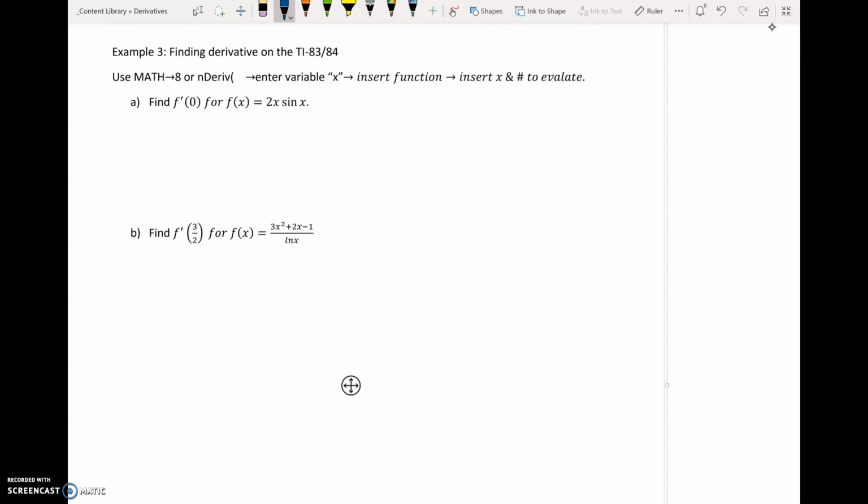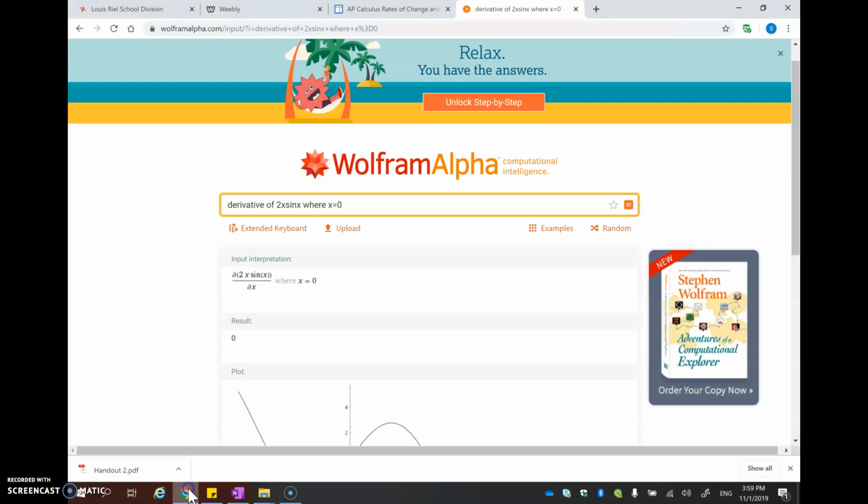If you don't have it for now, I'm just going to use an online system to find the derivative. In this case, it's called Wolfram Alpha. So you can go to wolframalpha.com, and then you just type in exactly what you need Wolfram Alpha to do for you. So we can write derivative of, and then our function.